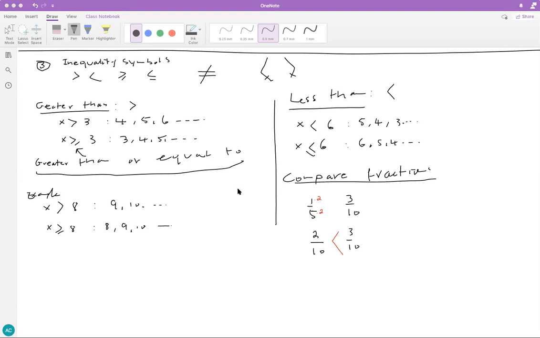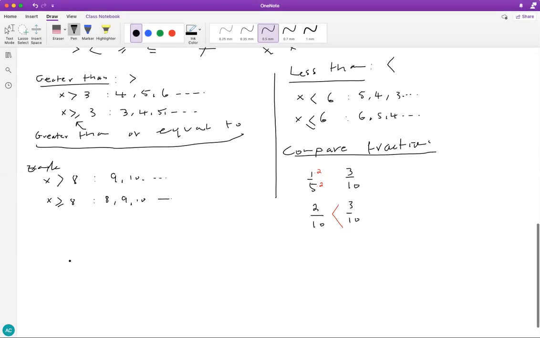Basically, sometimes you have expressions written as words. Translating expressions: words or sentences to expressions or symbols.